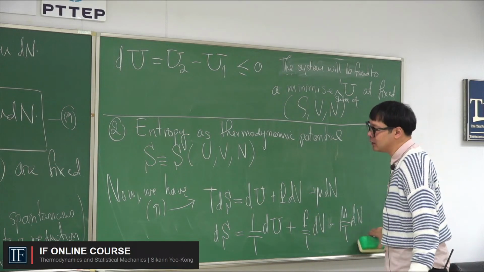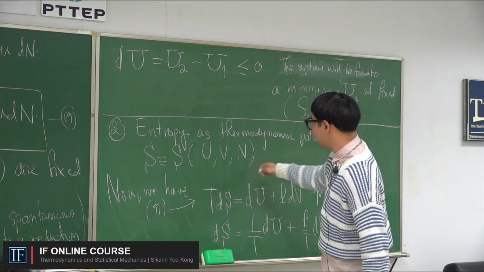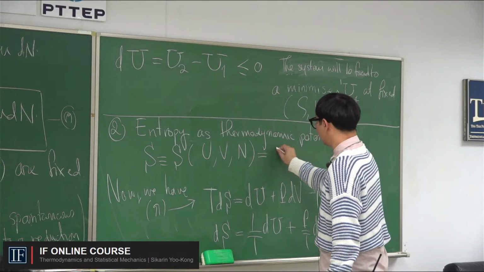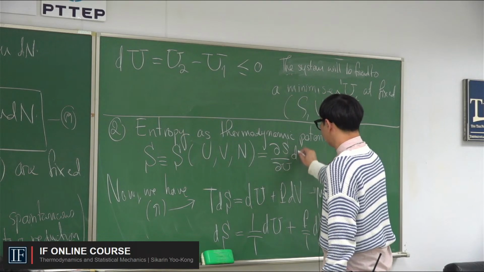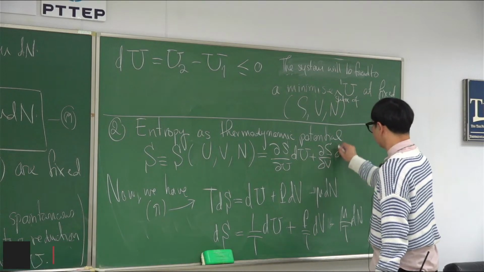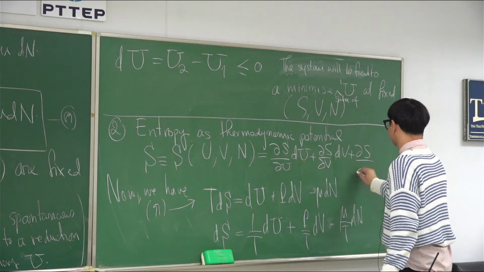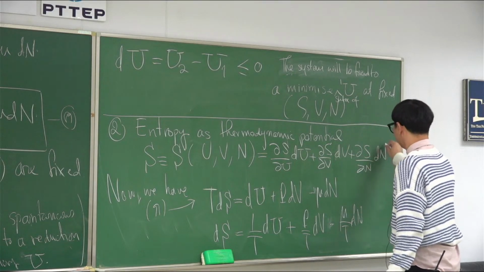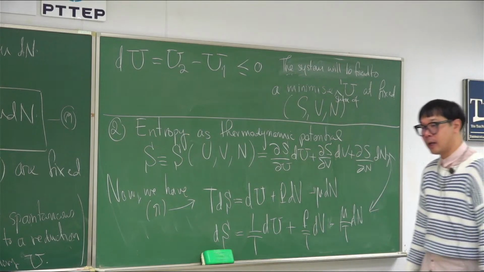And again, since this is a function of U, V, and N, it means that you can put it right here. Right. And then you match again these two equations.